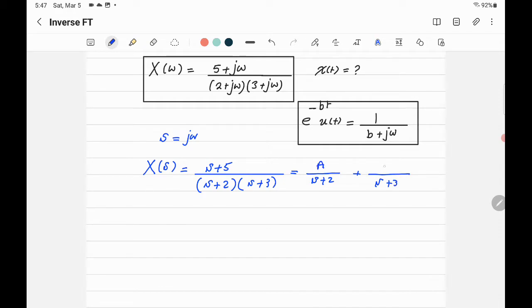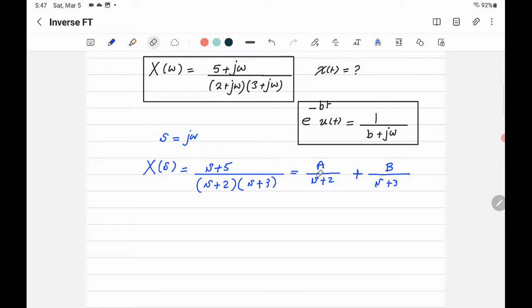So we'll say it's a constant A here, and a constant B there. Simply, we want to break this rational expression into two: one has denominator s plus 2 with unknown numerator A, and the other has denominator s plus 3 with unknown top part B. A and B are unknown, and if we simplify this expression, we should get back to the original.